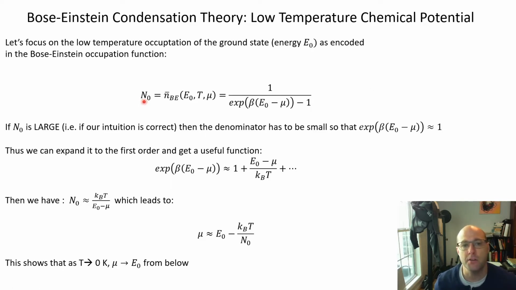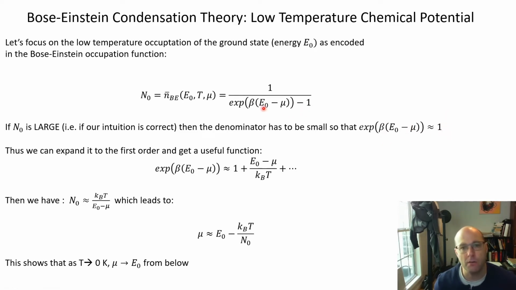So let's imagine that N0, the occupation of the ground state, which is the Bose-Einstein occupation function evaluated at E0 at some T and some mu, where T is considered quite small, has to be a big number. If this expression is a big number, it means the denominator has to be small. That means the exponential factor appearing in the denominator needs to be close to 1.